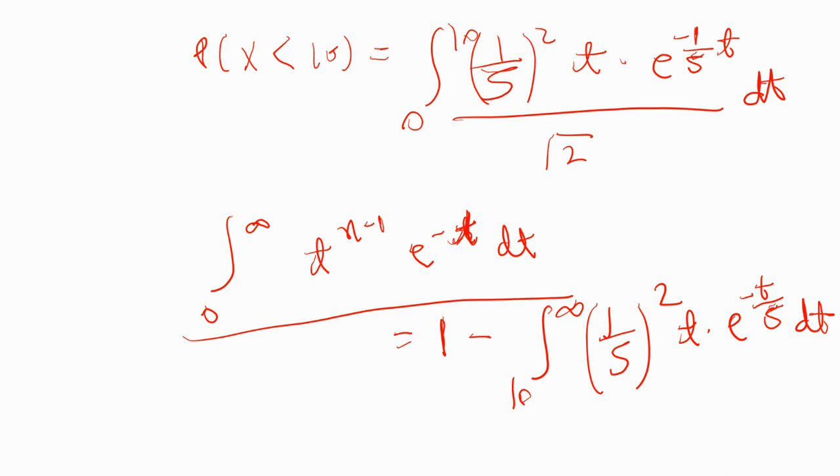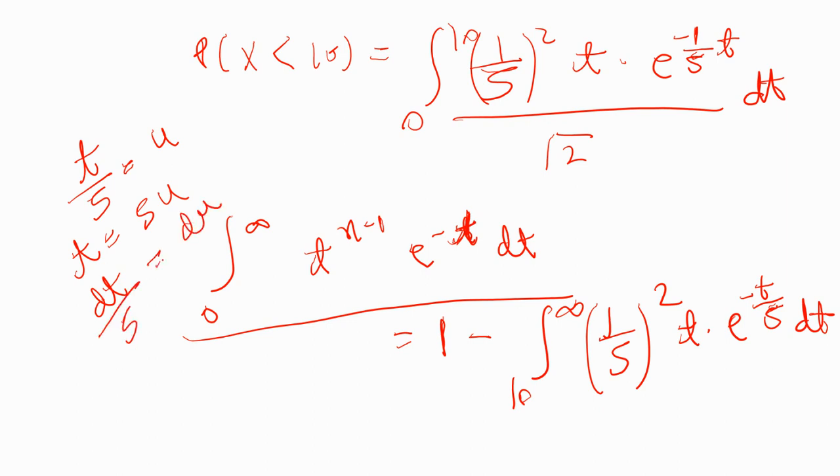Now we can take t by 5 as u. So t by 5 is equal to u, t is equal to 5u, and dt by 5 is equal to du. Right?